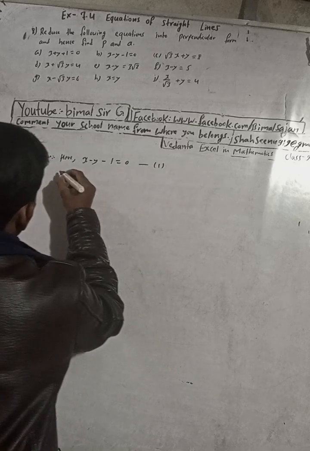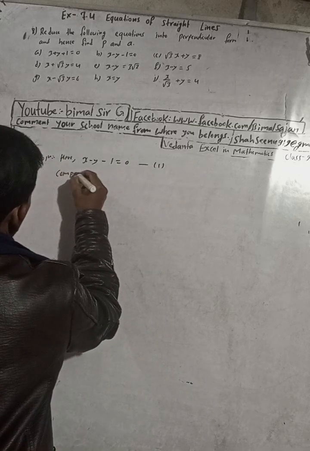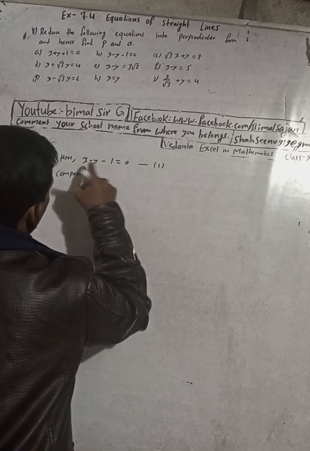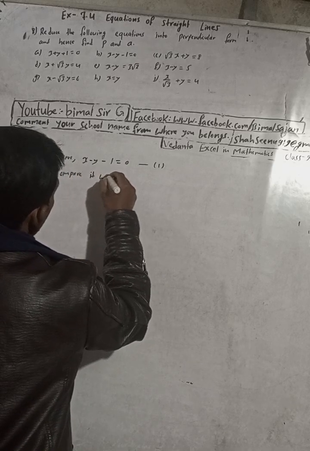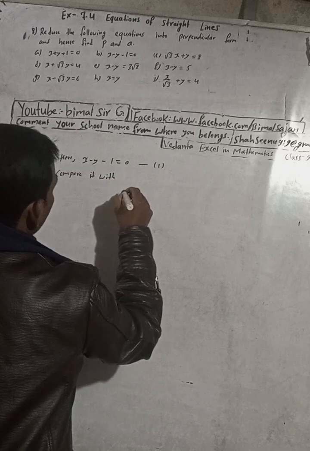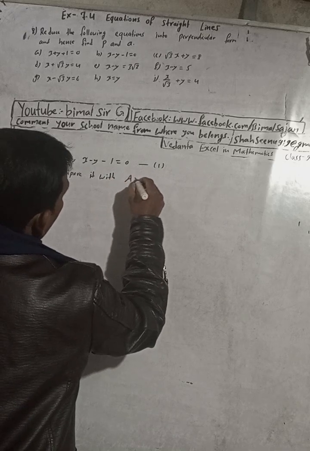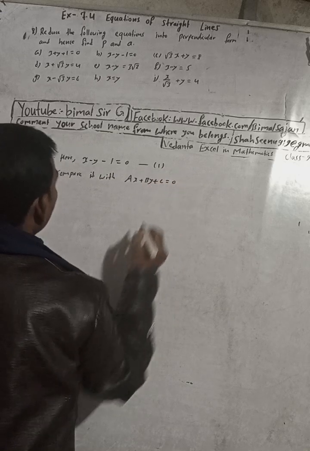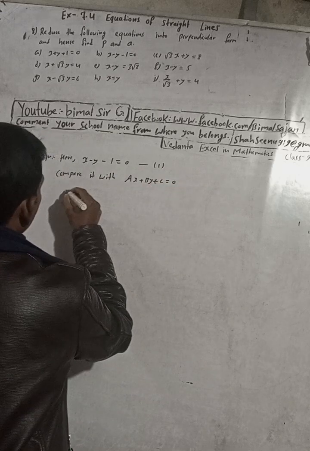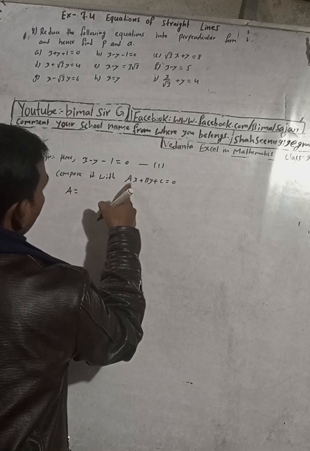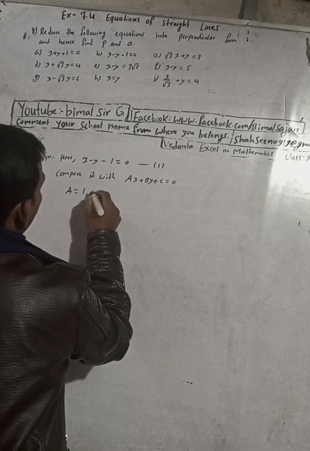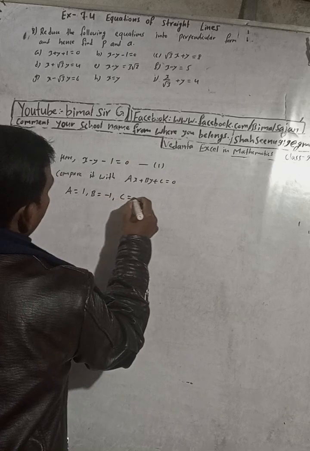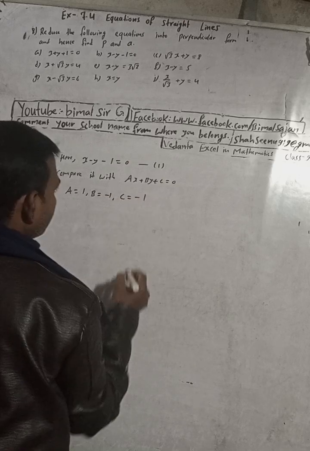Now compare it with ax plus by plus c is equal to 0. So when we compare, what we get, a is equal to 1, coefficient is 1, in place of b there is minus 1, and c is equal to minus 1.